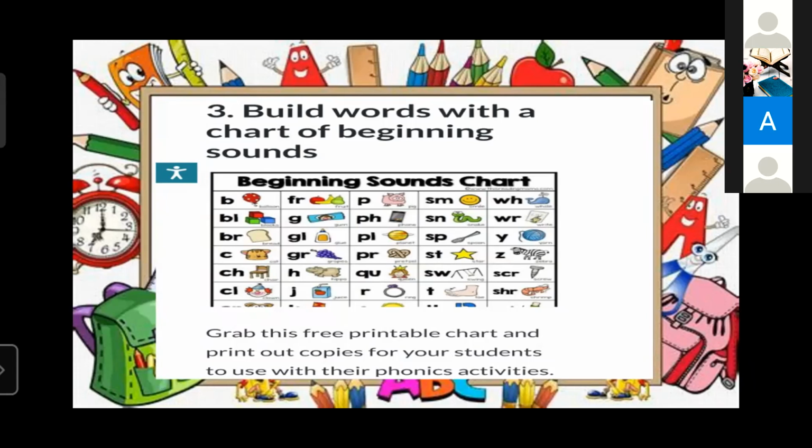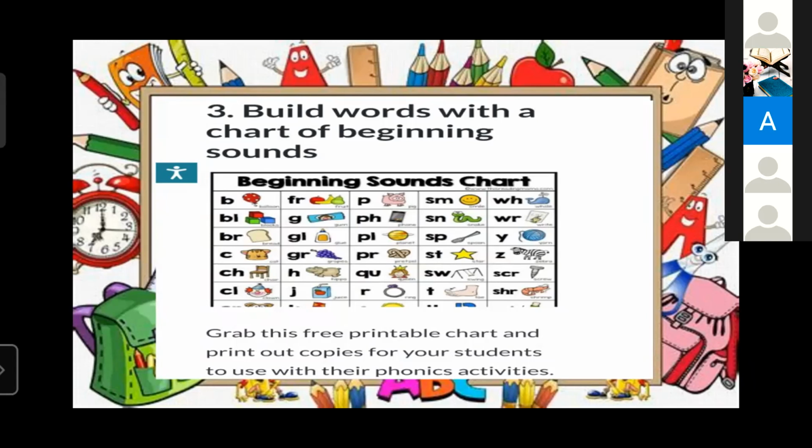So here, consonant clusters or blends, not only one sound, but two sounds coming together. And the children stick some pictures next to each cluster or each beginning sound of the chart. Got it, my dear friends?